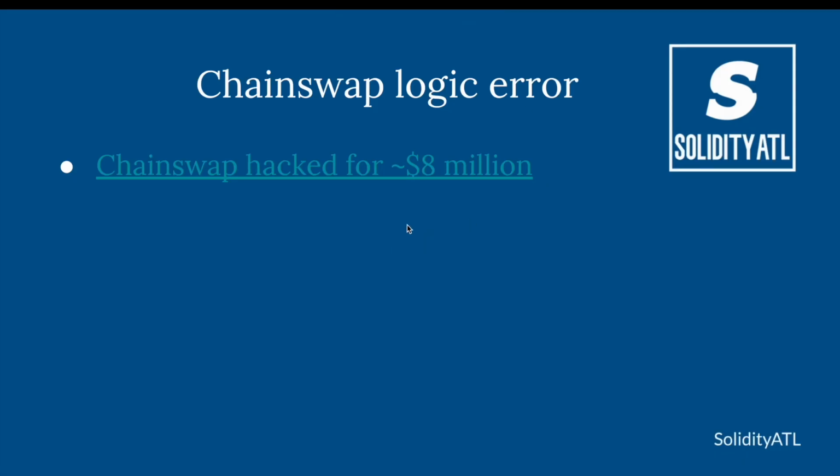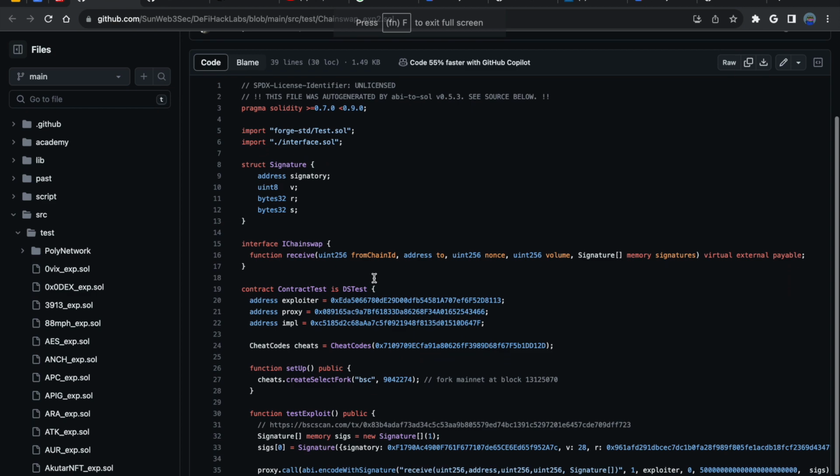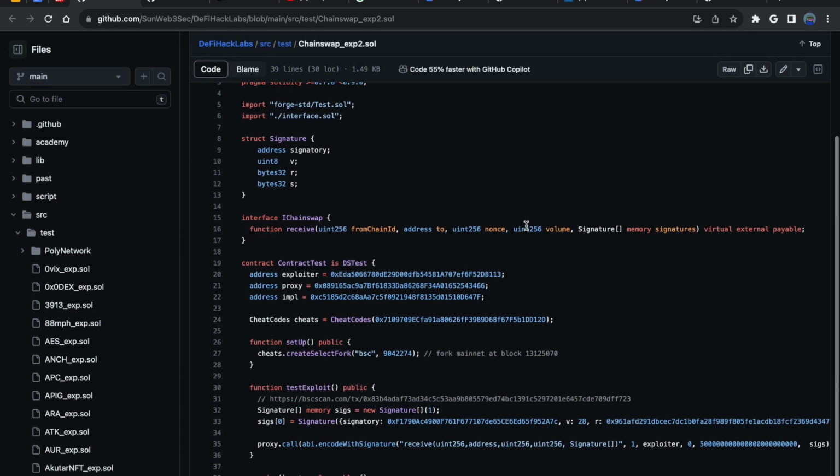All right, so we're going to take a look at a real world example where Chainswap was hacked for about 8 million, and this occurred, I believe, in late July of 2021. So let's take a look at this exploit code. We have worked through DeFi hack labs before, so if you want, you can look at the Chainswap exploit 2 contract.